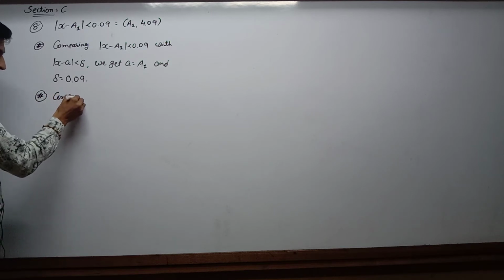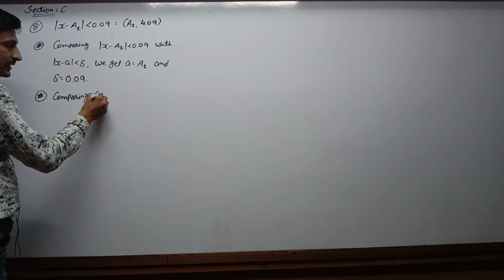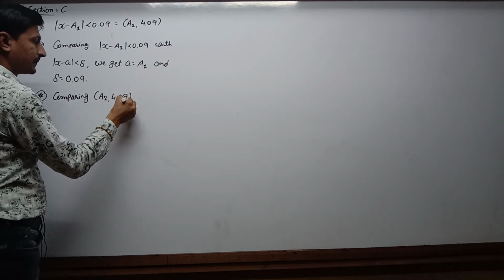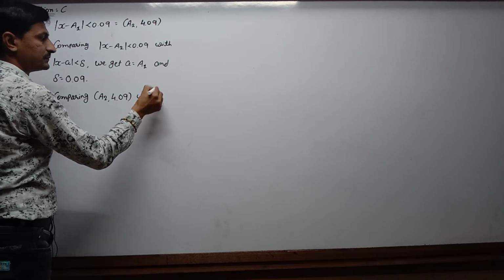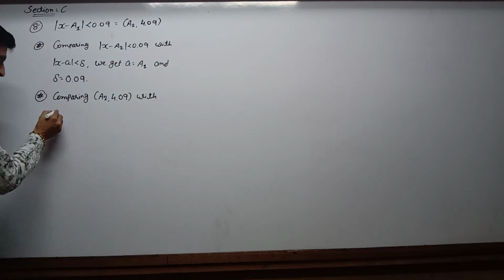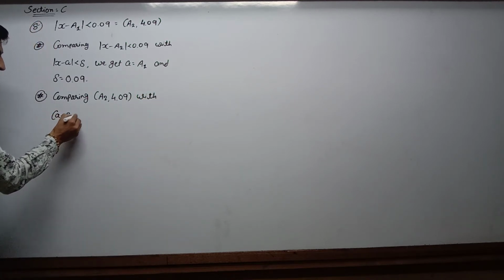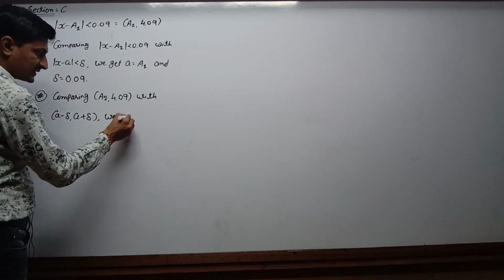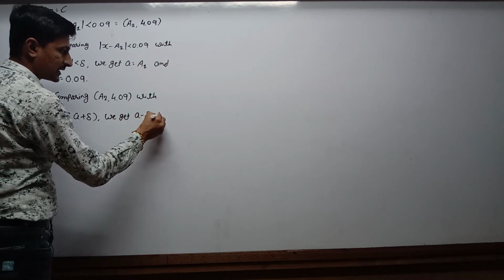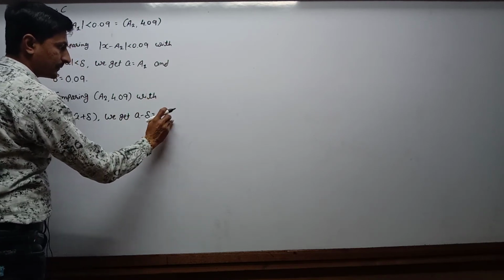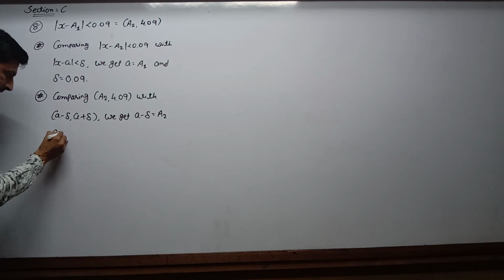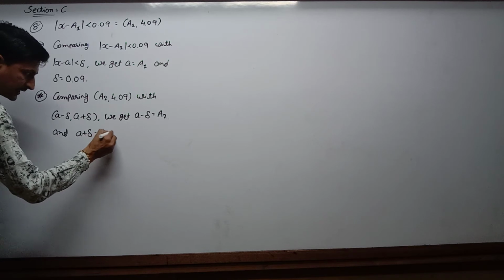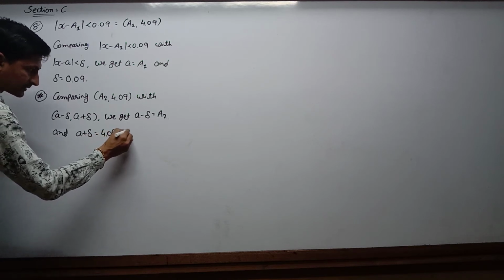Comparing interval form a2 to 4.09 with interval form a minus delta comma a plus delta, we get a minus delta is equal to capital A2 and a plus delta is equal to 4.09 for the second equation.